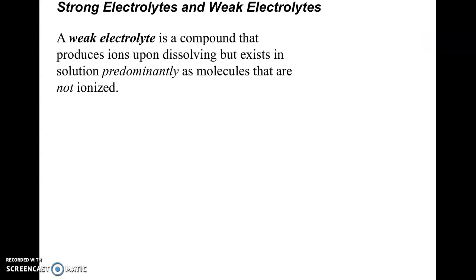All right, so now we're going to talk about a weak electrolyte. This is a compound that produces some ions when it's put into solution, but most of it doesn't dissociate, and so most of it still exists as a molecule.